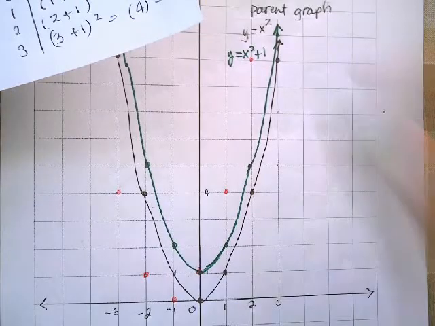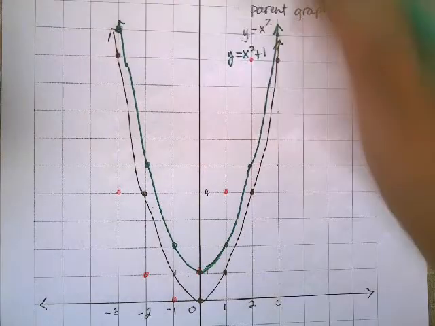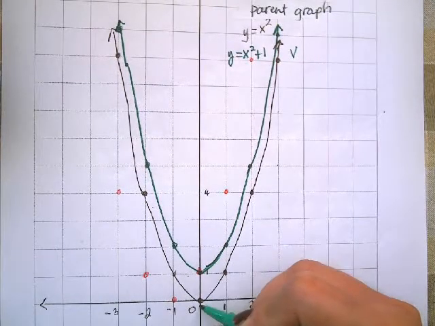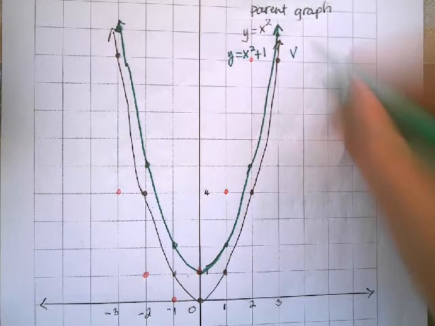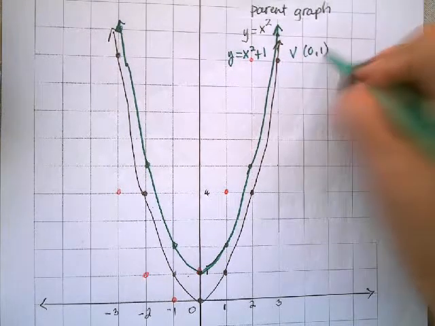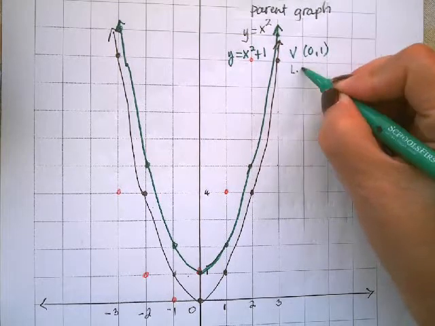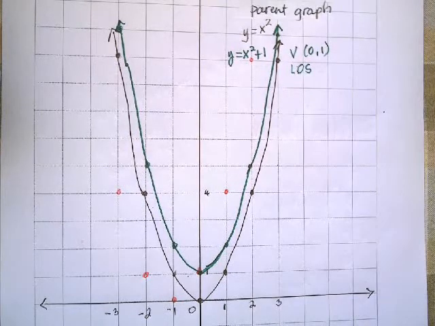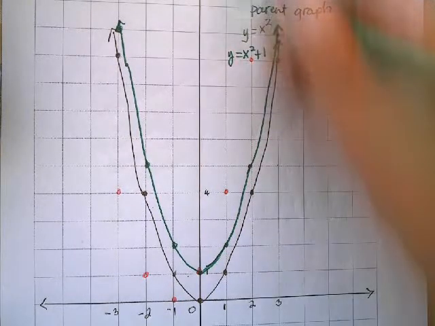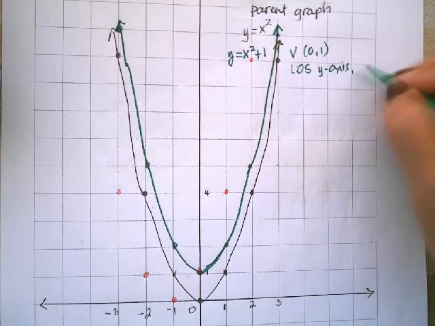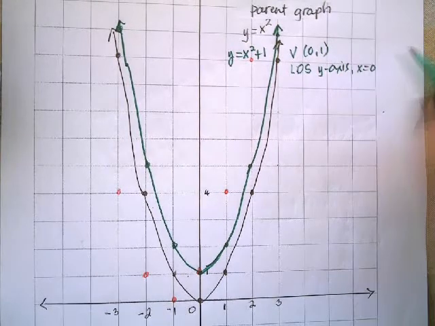What is the vertex of the green graph? This is the lowest point, so our vertex is 0, 1. What is our line of symmetry, or LOS? It's still the y-axis, or the line x equals 0.